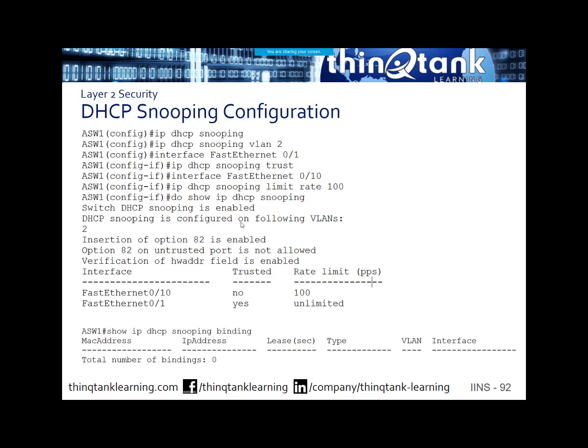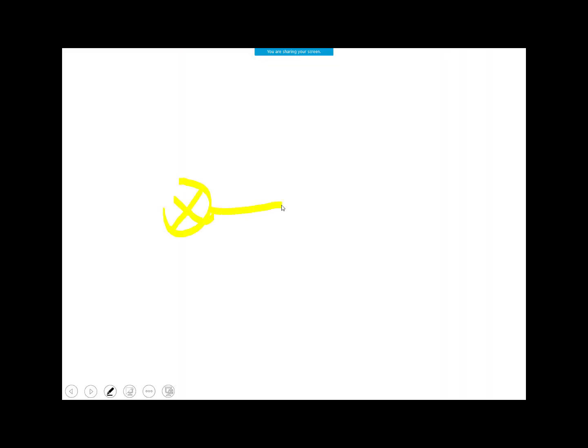If I've got a router, for example, connected to a switch port, and it's not a trunk, but it is a host port or whatever, it could be a trunk as well, do I really care whether or not I'm trusting that port? As long as the router's not generating DHCP offers and acknowledgments, I don't care. Although you could be running DHCP on a router. In that case, you'd want to make that a trusted port. But I don't really care if there is no reason the client is running DHCP.